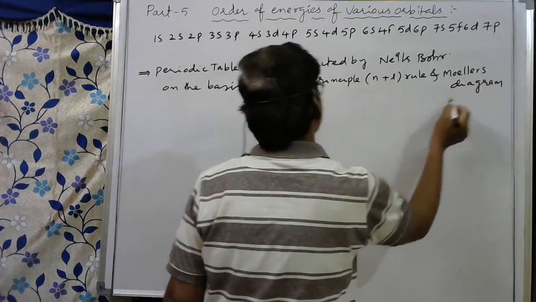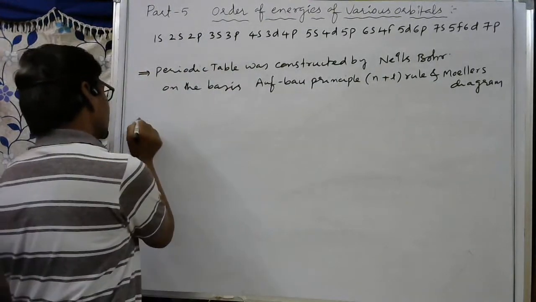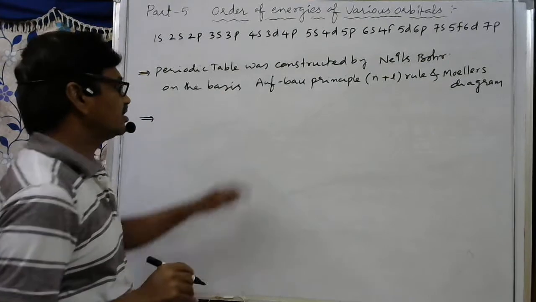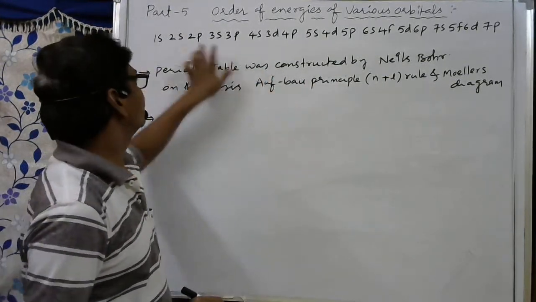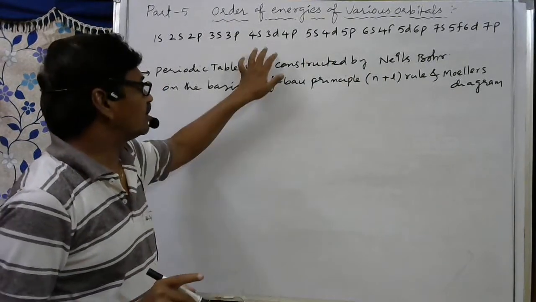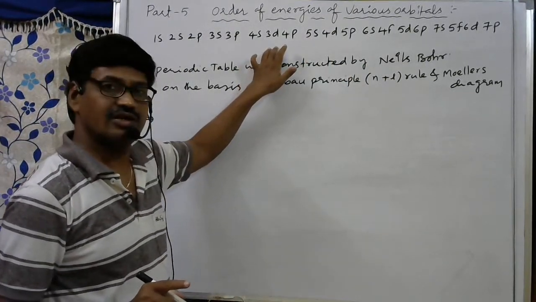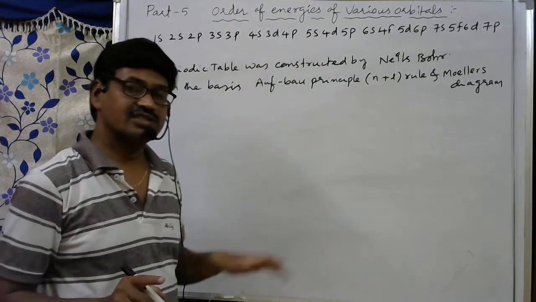See, as per Euler's diagram, you got this order now. So here, the next point is the basis is Bohr principle. On the basis of Bohr principle, we got this order. So after knowing this order, we should know how to use it while constructing the periodic table.